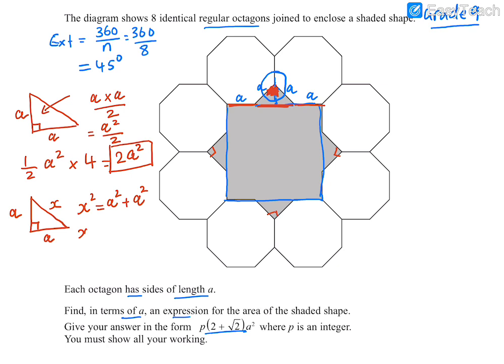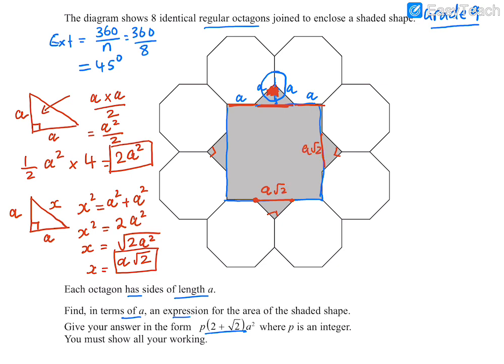So X squared equals 2 lots of A squared, and then X equals the square root of 2A squared. If you simplify that, the square root of A squared is just A, and then it's root 2. So that is the missing side from there to there. It's going to be A root 2 here and A root 2 here.